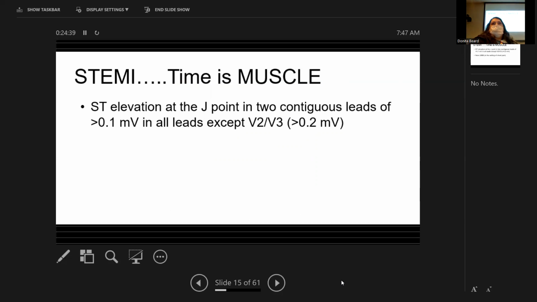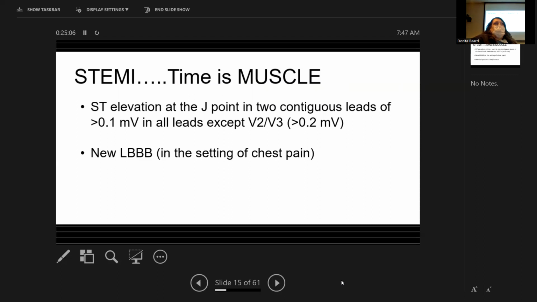It goes by millivolts, but basically 1 millimeter. That's because of where V2 and V3 are located. If you think about where you put EKG leads, V2 and V3 are the closest to the heart and usually have the biggest QRS complex, so they're the most prone to changes. That's why most everybody says you need 2 millimeters of ST elevation in V2 and V3, but 1 everywhere else.